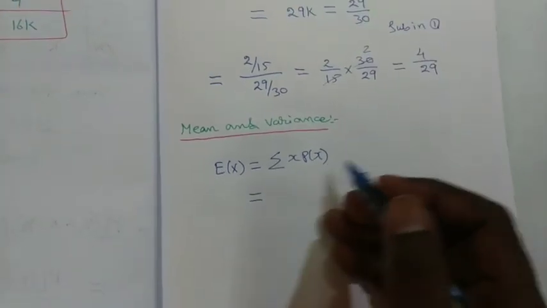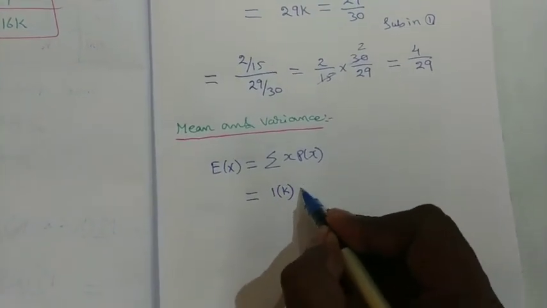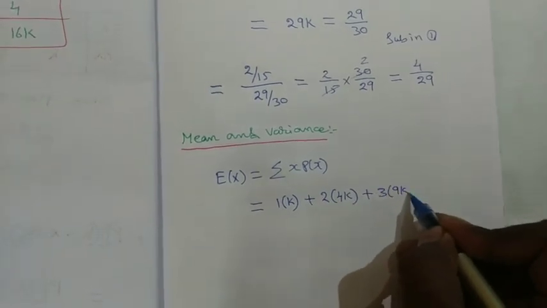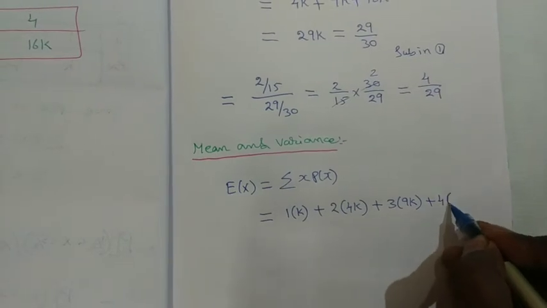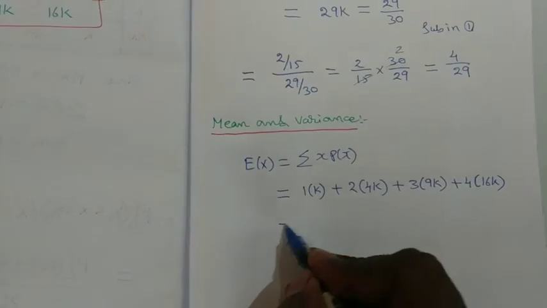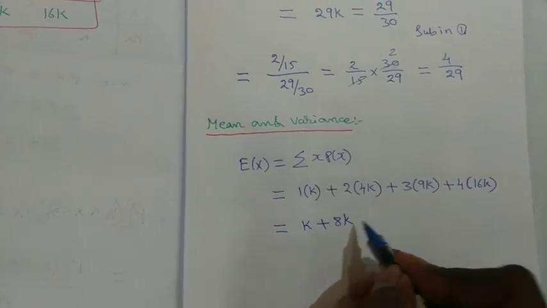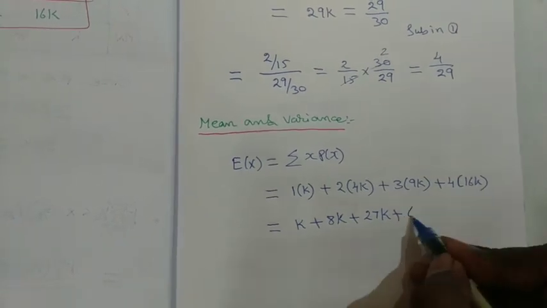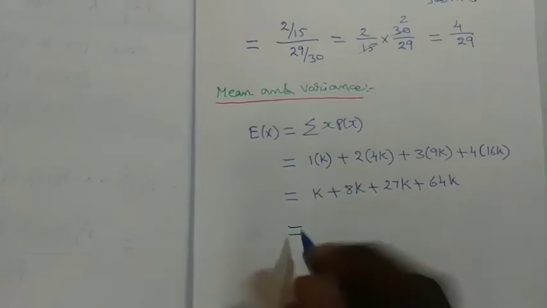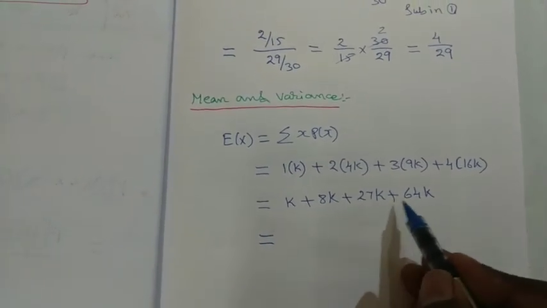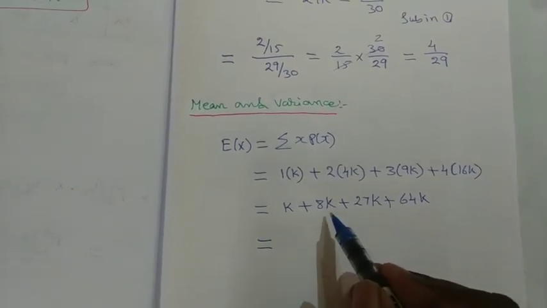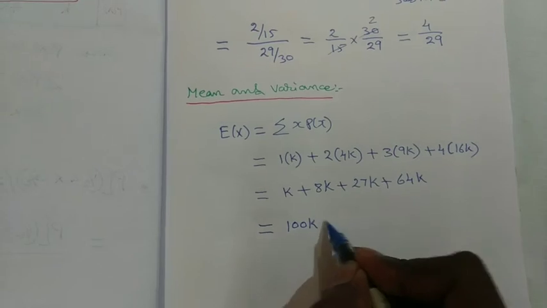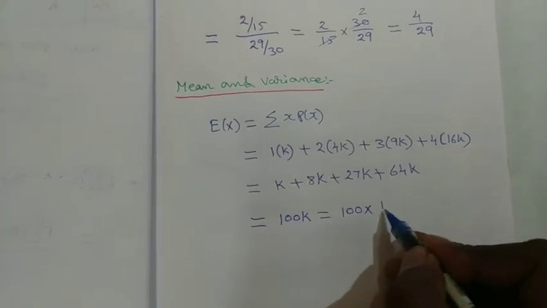So k plus 8k plus 27k plus 64k. So by adding all the values, 64, 27, 8 and 1, you will be getting 100k.